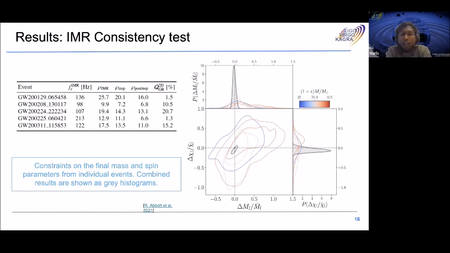So in the right-hand side, we have the corner plot of these deviation parameters. The colored contours denote the posteriors for individual events, with the gray contour denoting the combined posterior. So as you can see, these contours are consistent with 0, indicating no deviation. Next slide.